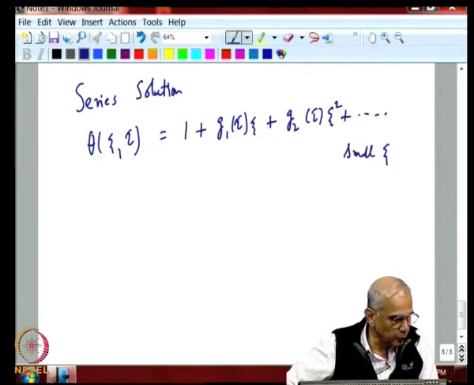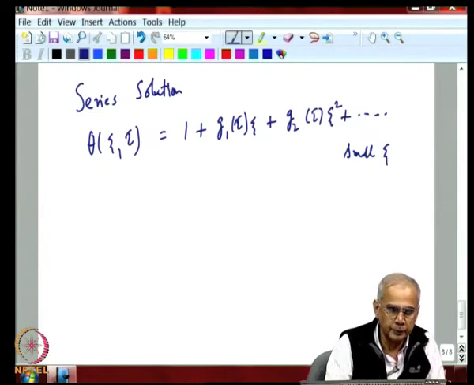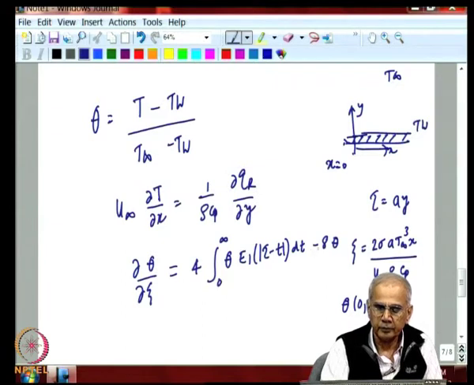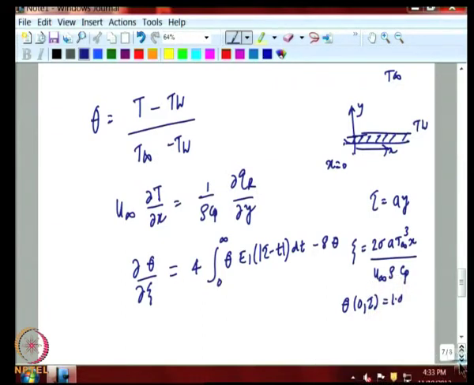Okay. So, although it is a limited solution, now you substitute this into the equation, and you collect like powers of psi.